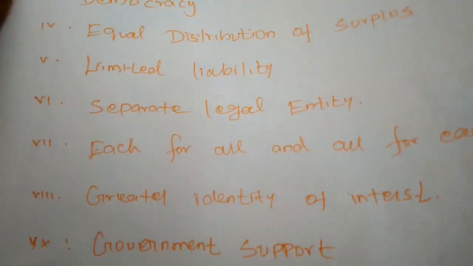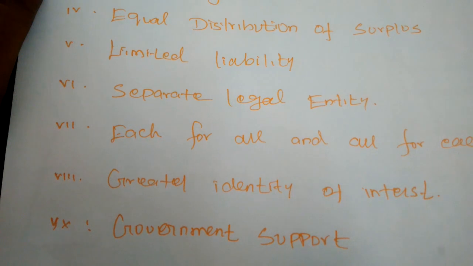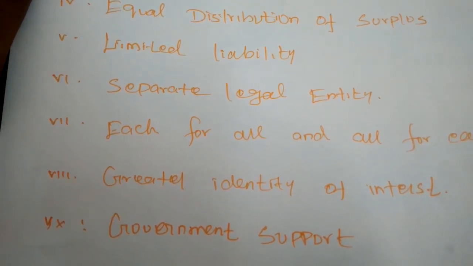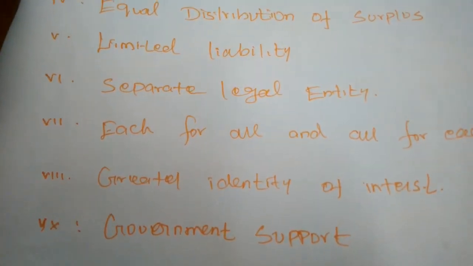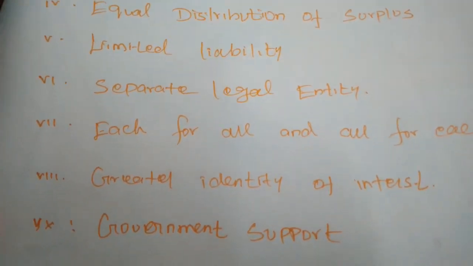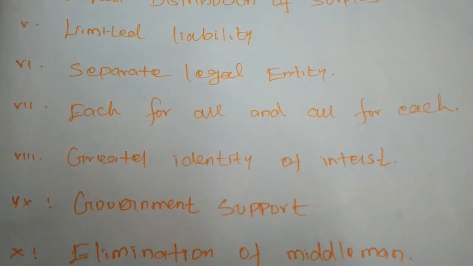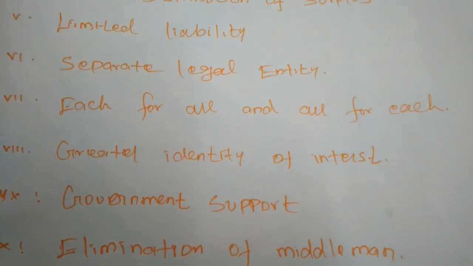Next is separate legal entity. The cooperative society enjoys a separate legal entity, which is distinct from its members. Therefore, its continuance is in no way affected by the death, insanity, or lunacy of members. Such problems will never affect the existence of the cooperative organization.